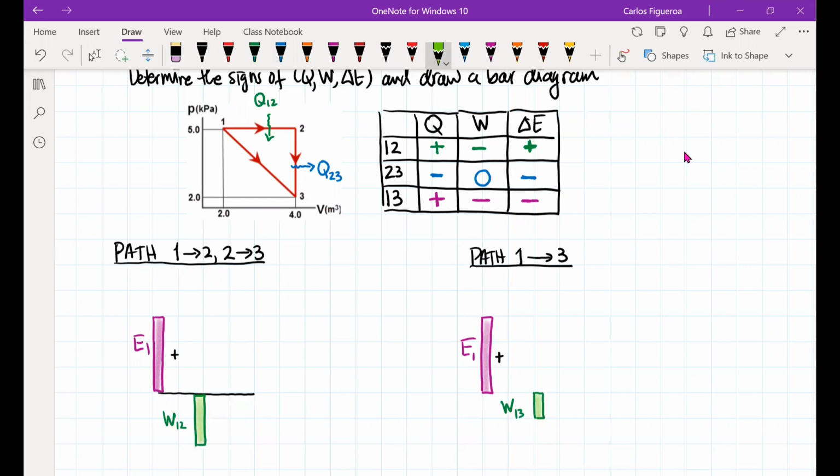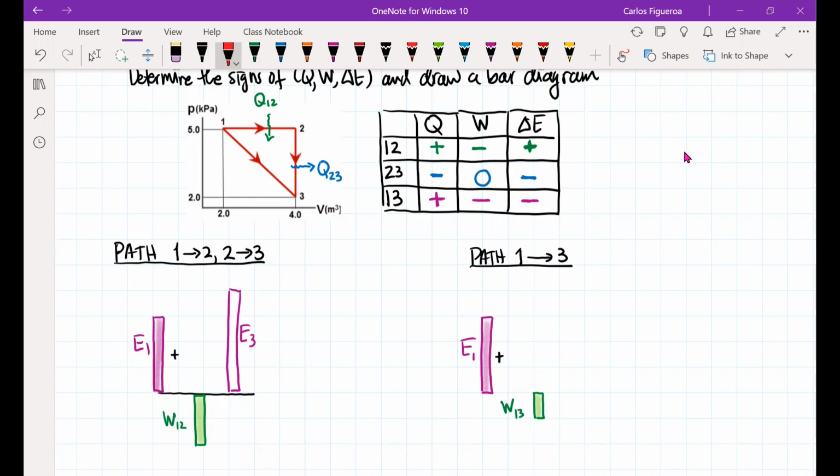So now let's look at the heating. When I get to internal energy 2, I have to have an increase in internal energy. So I'm going to say that I've increased my internal energy by this amount. So this will be the internal energy at 3. This means the heat has to increase the total internal energy by 1.